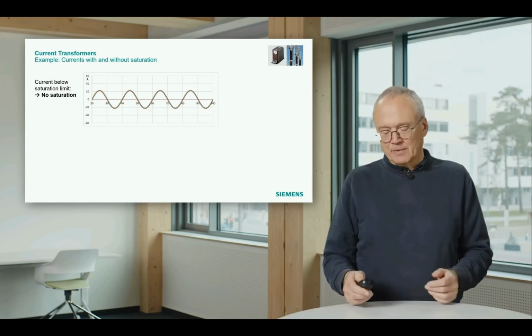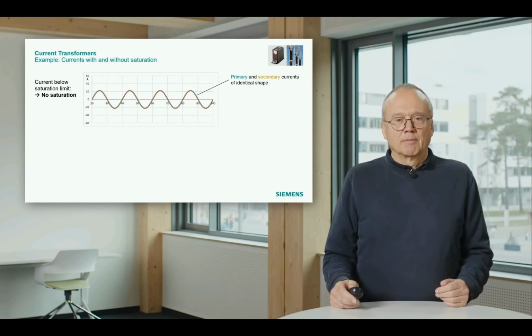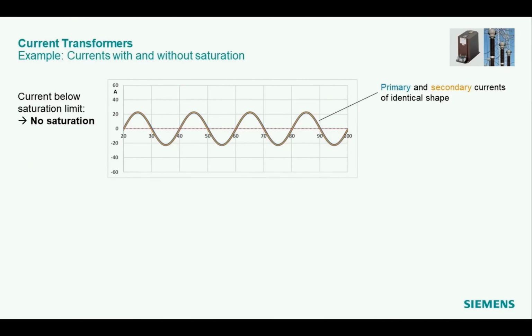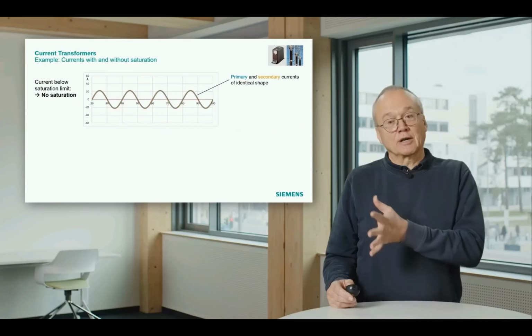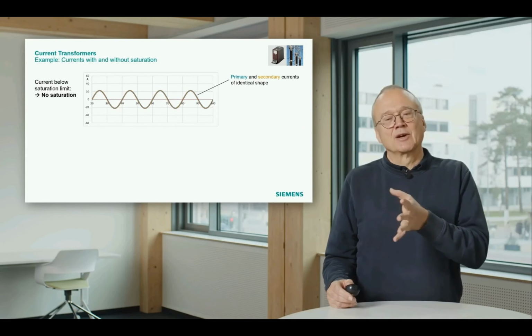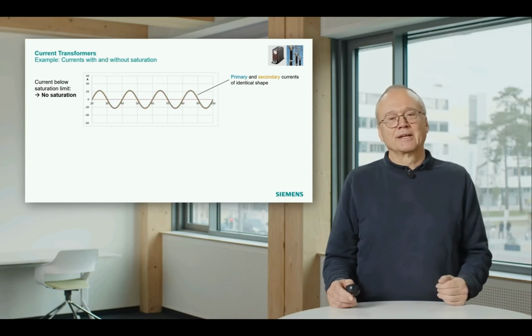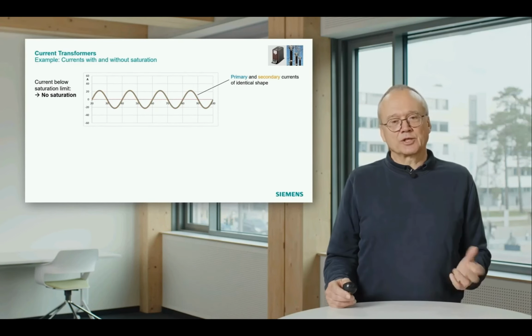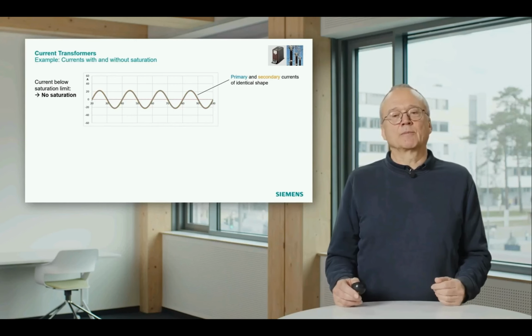That means the blue and the yellow curves have identical shape. Our protection relay, which is connected to the current transformers, gets more or less exactly the current which is flowing in the line or in the cable.